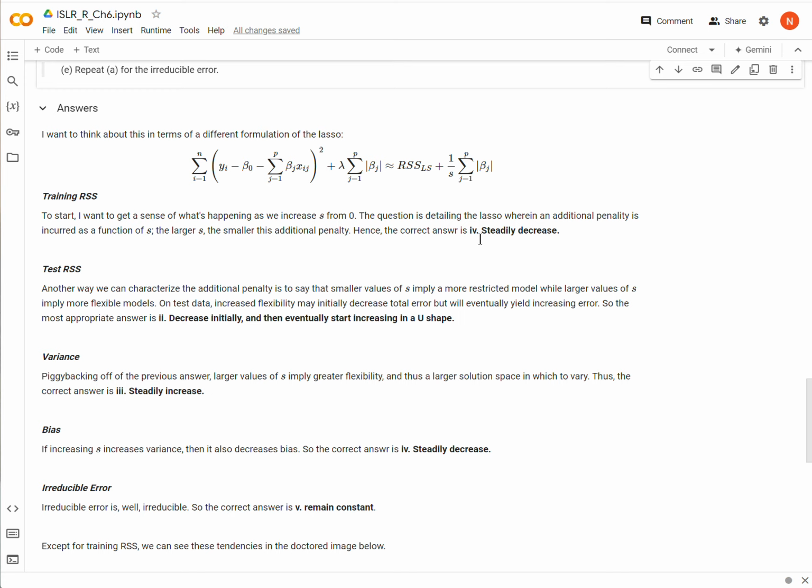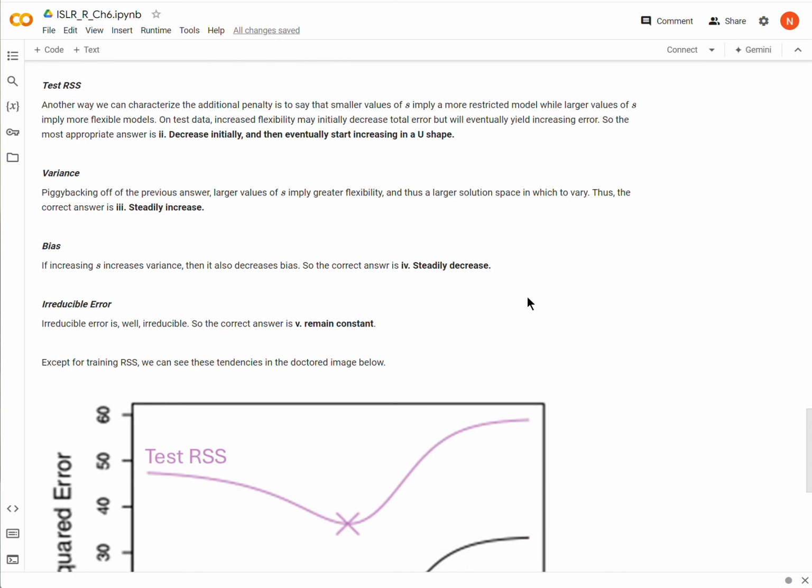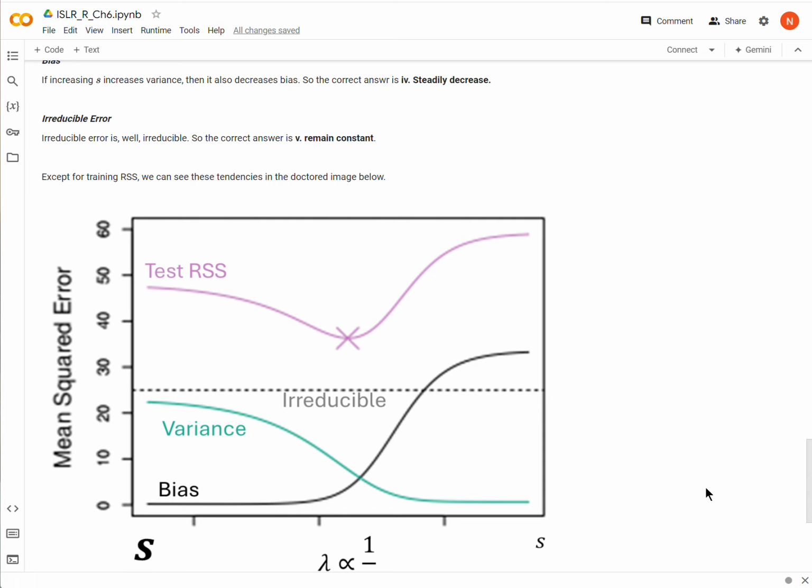So the variance component of the error should steadily increase. And that's what we see here: as s gets bigger, moving from right to left in this image, variance should just continue to get larger.